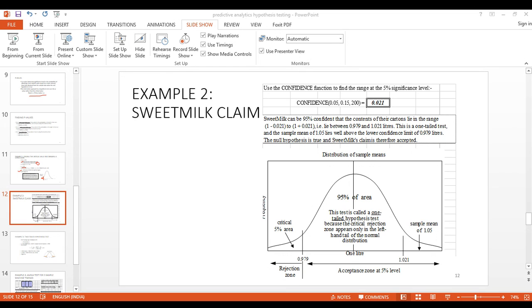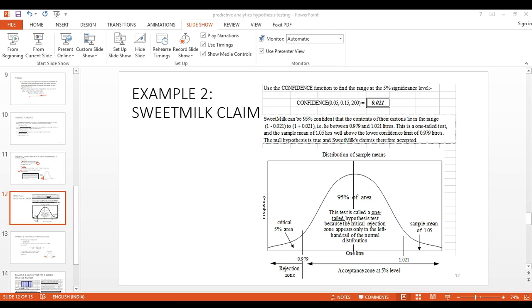So for this, this becomes the rejection region. So we did a sample mean of 1.05. You can see 1.05 is somewhere here, so it doesn't lie in the rejection region.